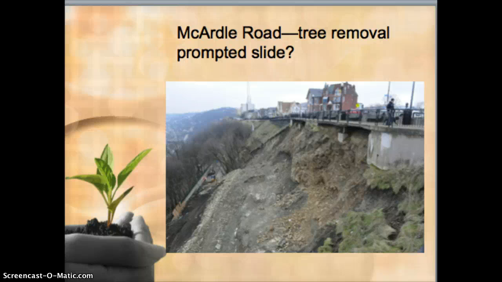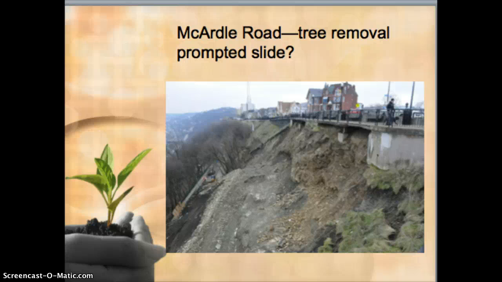Just a year or so ago, there was a big slide on McCardle Road up in the Mount Washington section of Pittsburgh. Many people say that that was possibly caused because there was a lot of tree removal going on on the hillside, and that was maybe what prompted that big slide in that area. There was also a recent slide in Washington State, a very serious incident that's just in the news in the last week or so.